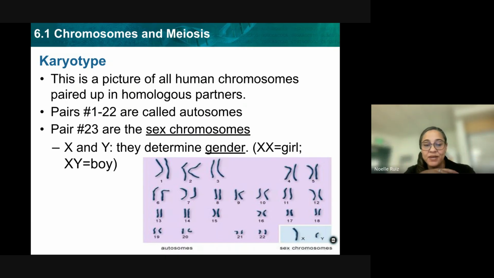If a person has 2 X's, they are a girl. They are assigned a girl at birth. If they have an X and a Y, they are a boy. And the easiest way to remember that is the word boy ends in Y. So boys have Ys.